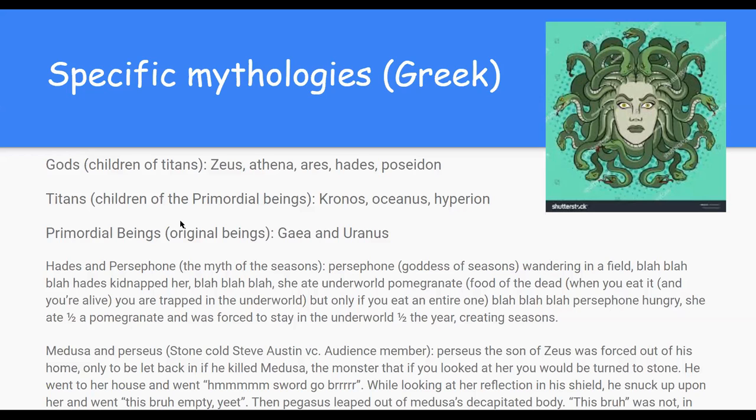And he could only reclaim it if he killed Medusa. Now, nobody thought he could do this, so he summoned Athena's help. He got a really shiny shield, that's basically just a mirror, and a good sword, right?